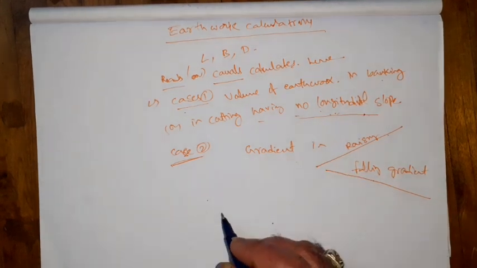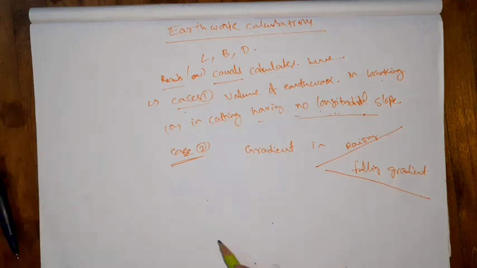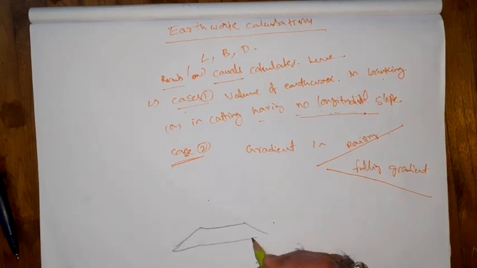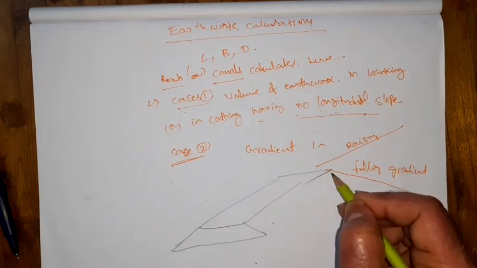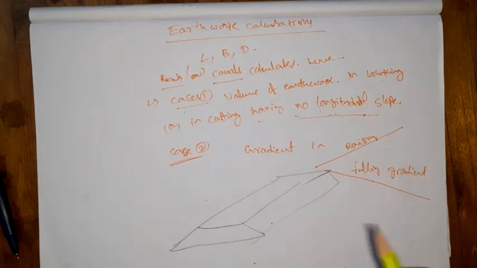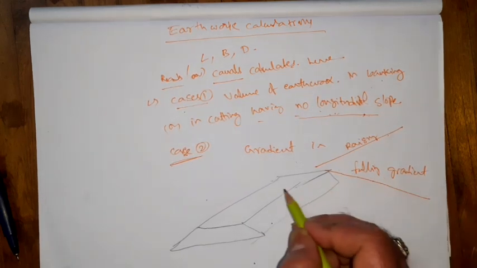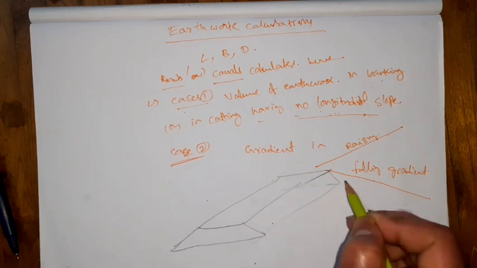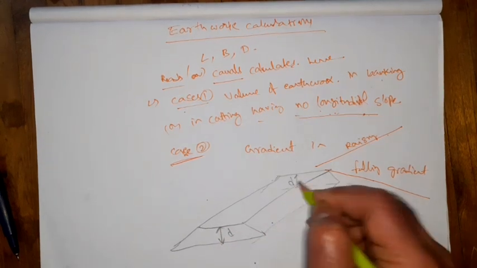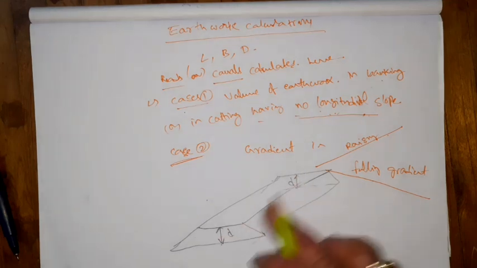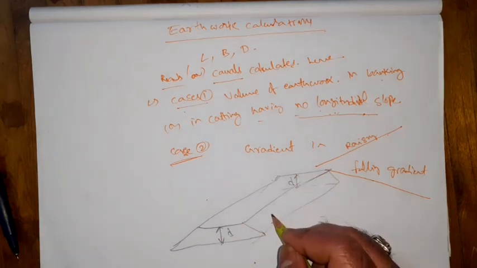If it is with slope, then the structure may look like this. Suppose we consider an embankment, it may look like this. Sorry, I am somewhat not good at drawing diagrams. Here the depth D on both sides is equal. Side slopes are n is to 1.